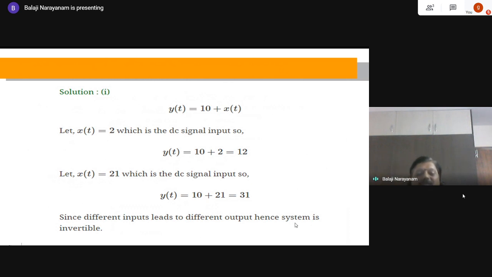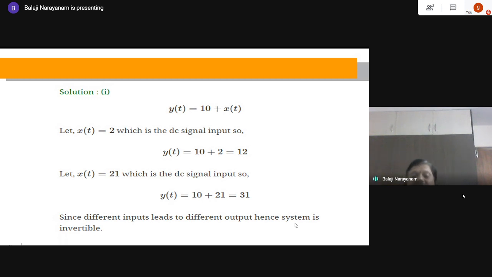If you take 21, which is also a DC signal input, y of t is equal to 10 plus 21, which is 31. Since different inputs lead to different outputs, hence the system is invertible. So if we apply different inputs and all the different inputs are giving us different output values, then the system is said to be invertible.